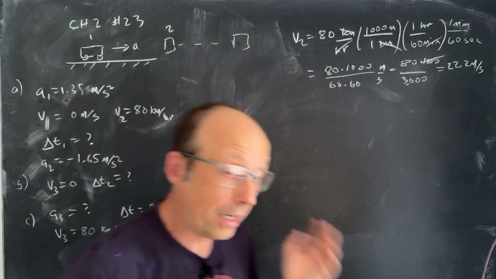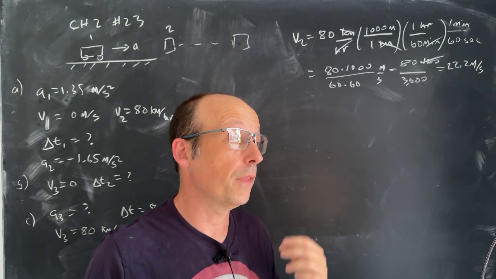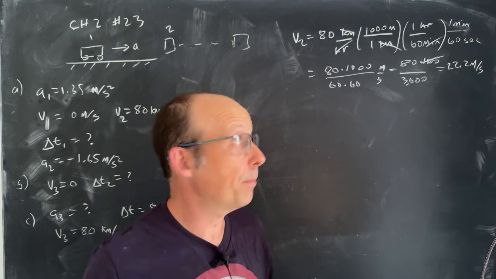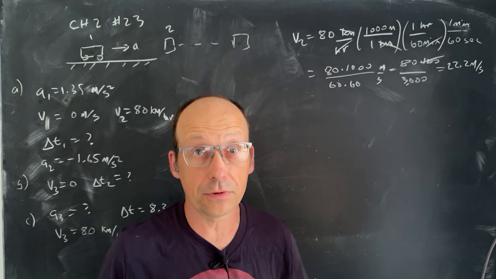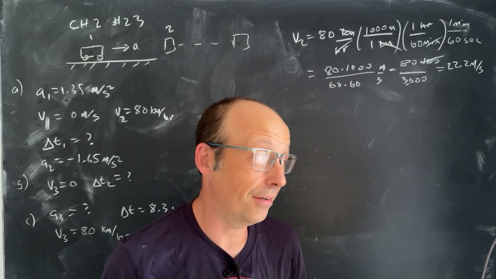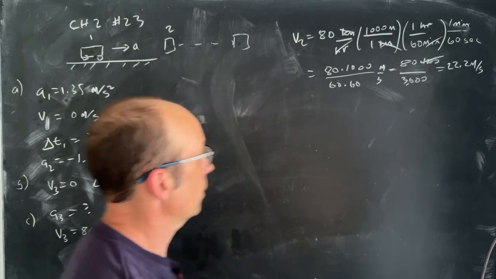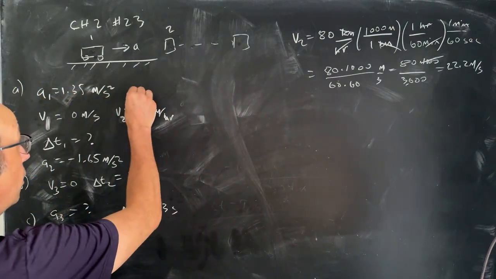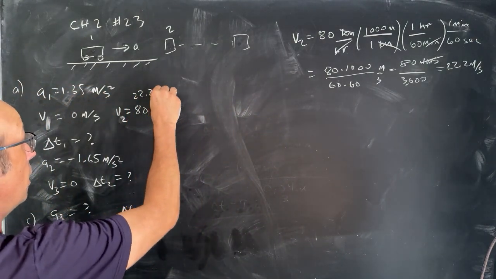If you want to check and don't feel comfortable, you can type 80 kilometers per hour in meters per second into Google, and it'll give it to you. I have actually had errors there, but it usually does a pretty good job. So let's put right here 22.2 meters per second.